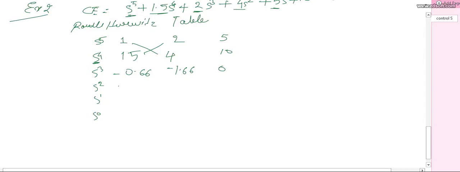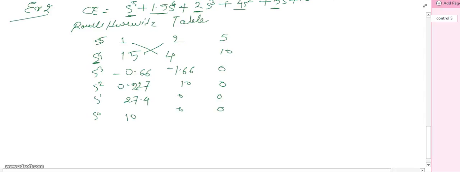Again if you solve, then here you're getting 0.227, and here you're getting 10, 0, 27.4, 0, 0, here you're getting 10, here you're getting 0, here you're getting 0.